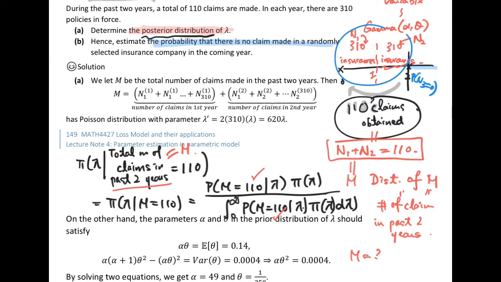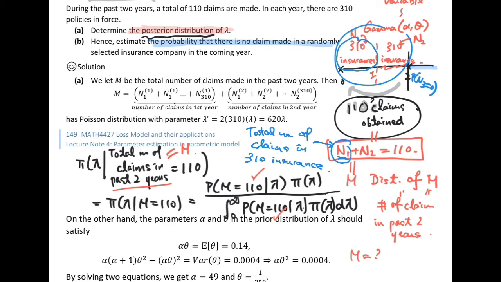In each year we have 310 insurance policies available, so N1 will be the total number of claims in the 310 insurance policies.